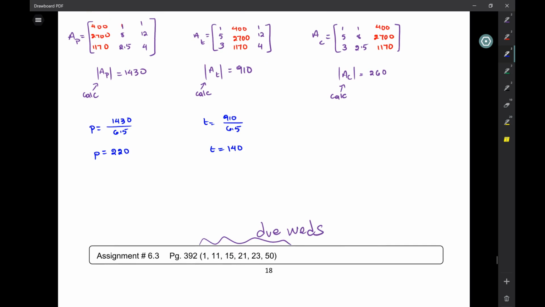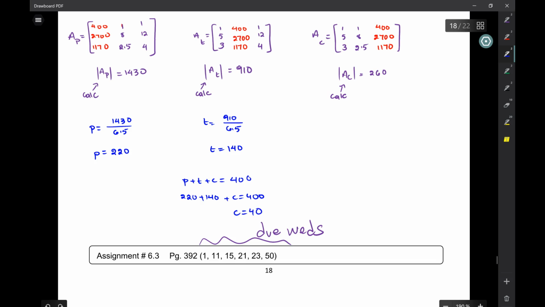And now, look, I can already see that, wait a minute. Remember, I could do the same thing here for C, but I know that P plus T plus C was equal to 400, right? So here I already have 360. So C must be 40, right?